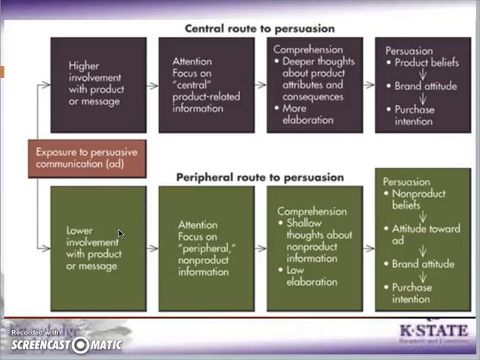So we learned about the 2 routes, but what determines whether a person will take the central or the peripheral route to persuasion? Let's put the routes together to see how motivation and ability to process messages influence the route selection. Motivation to attend to a message has 2 points: involvement and need for cognition.